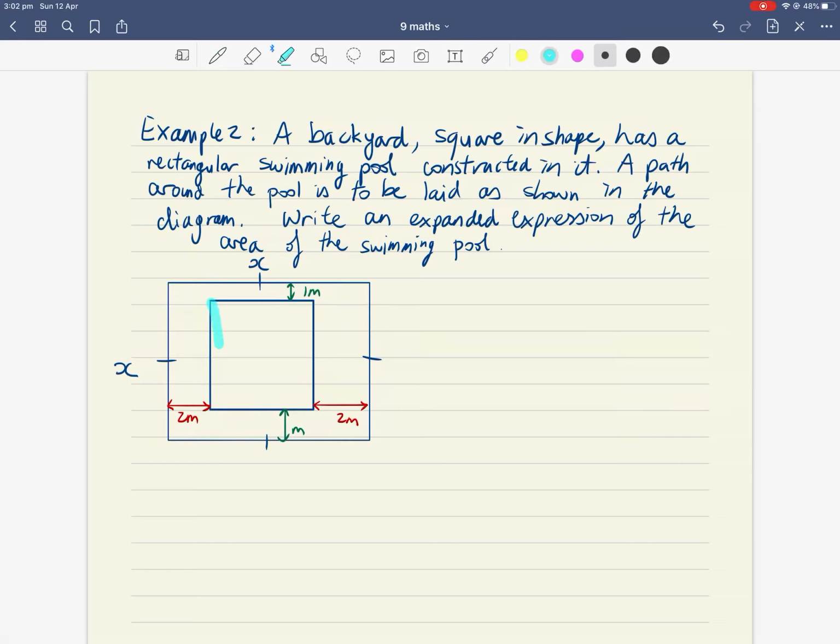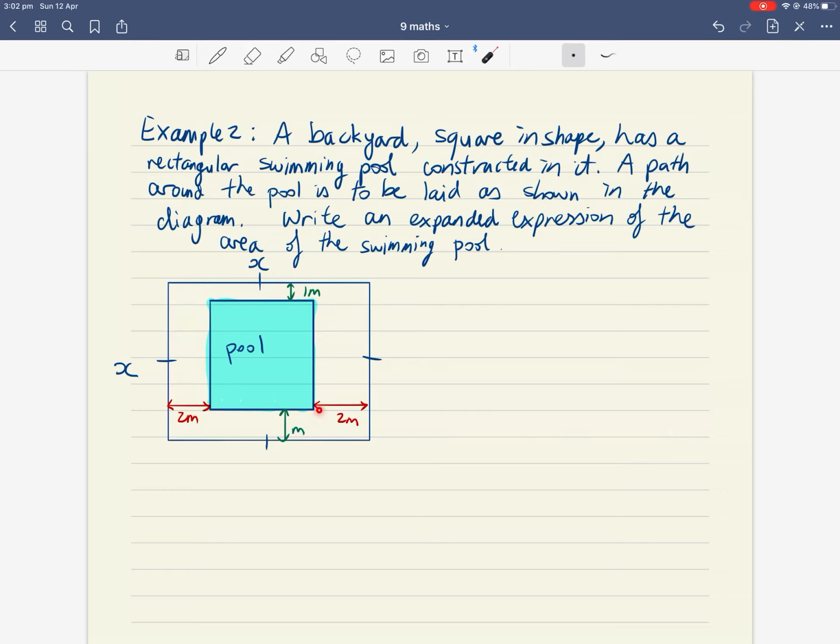So inside here we have the pool. I'm just going to color it blue, make it look nice and pretty. There you go. So this is your pool. On the edge we have a pathway of 2 meters by 1 meter around the edge of the pool, and then this square is your backyard.